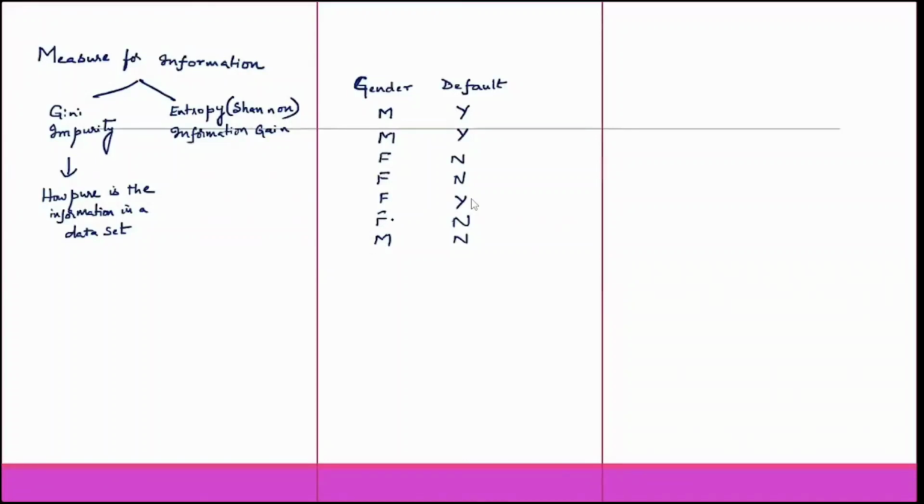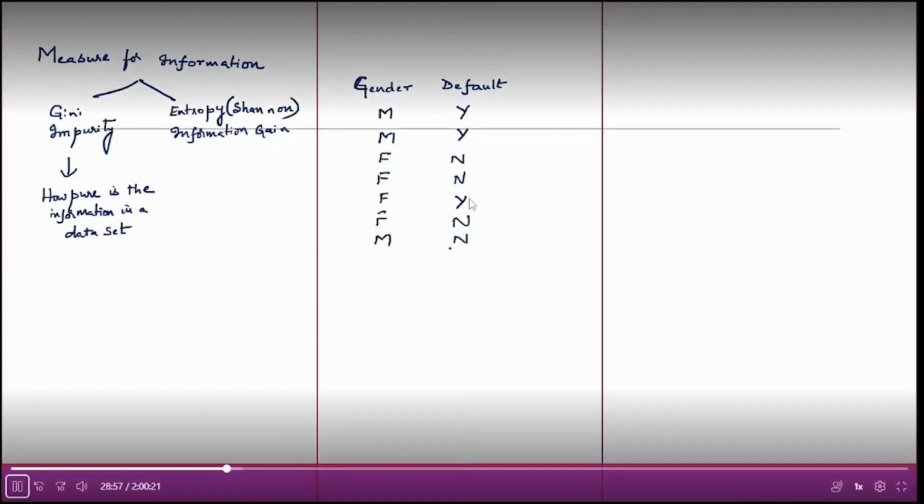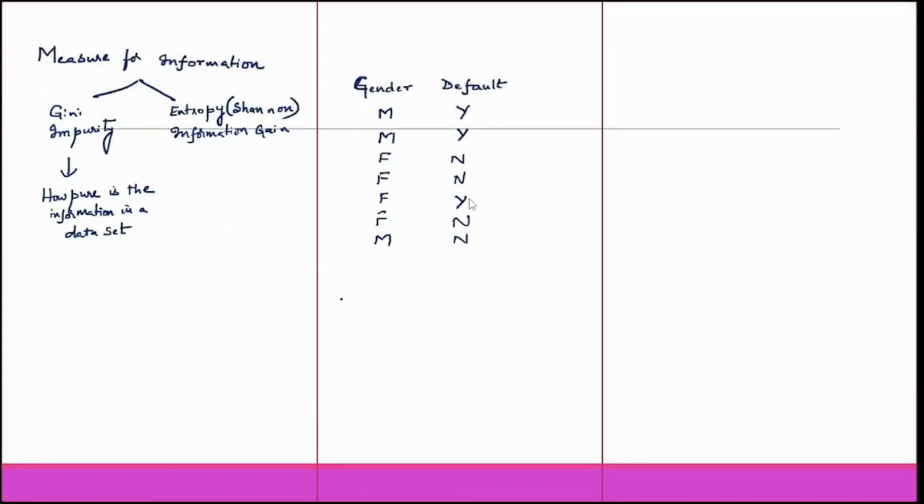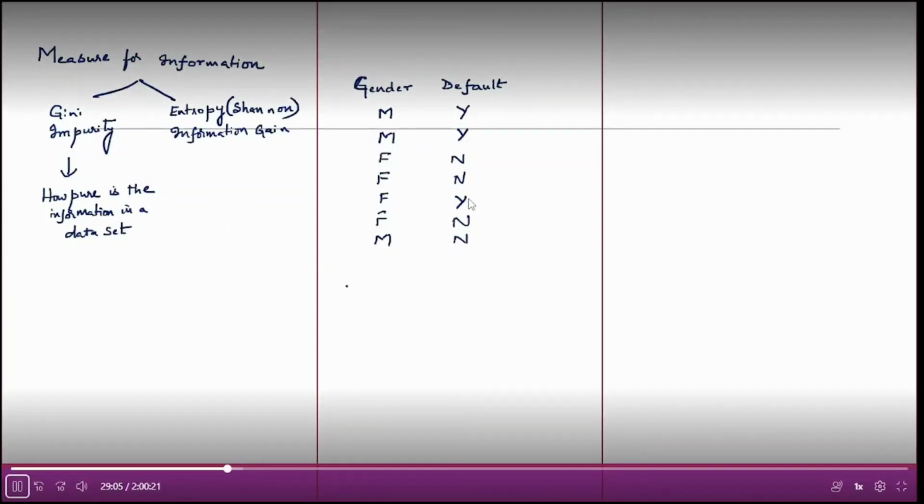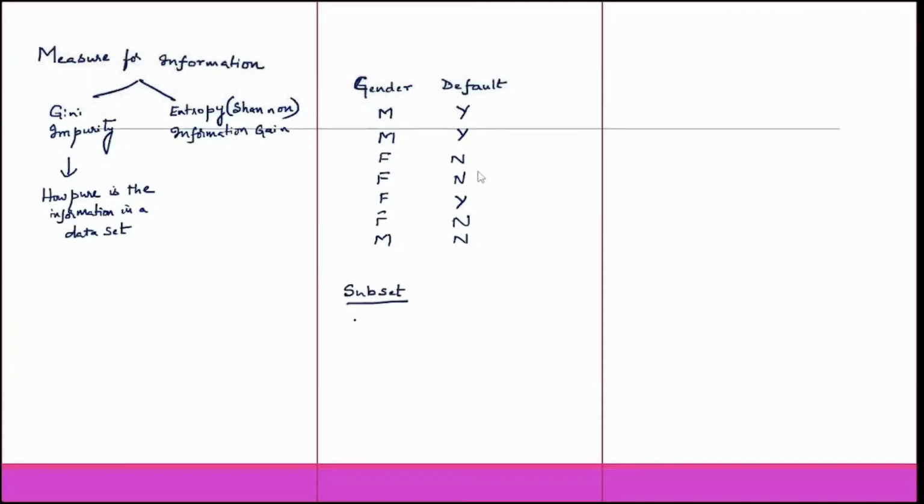So what are we saying here? So how do I measure this impurity? Better look at your target variable and you see, so probably if I look at all males, just do a subset of the data. Subsets. So one subset is males, another subset is females, right? And the way you compute the Gini impurity is across all the subsets, across all the classes, right?